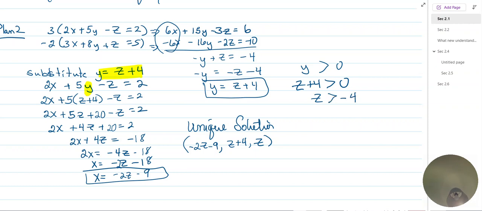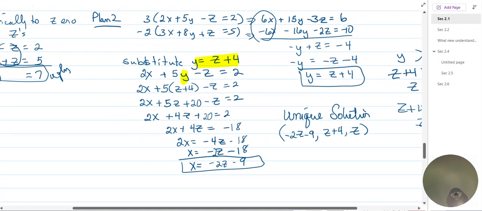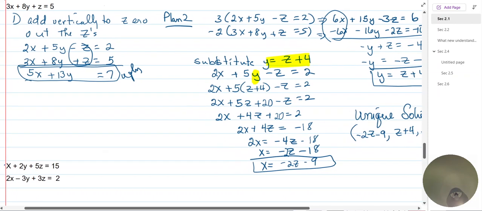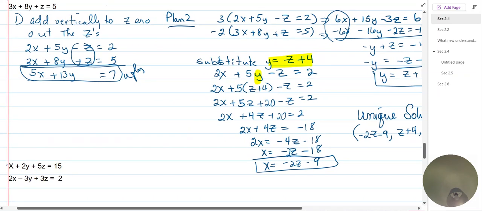And then if we state that z plus 4 is greater than 0 for x, then z has to be greater than negative 4. And we know then that x has to be greater than 4.